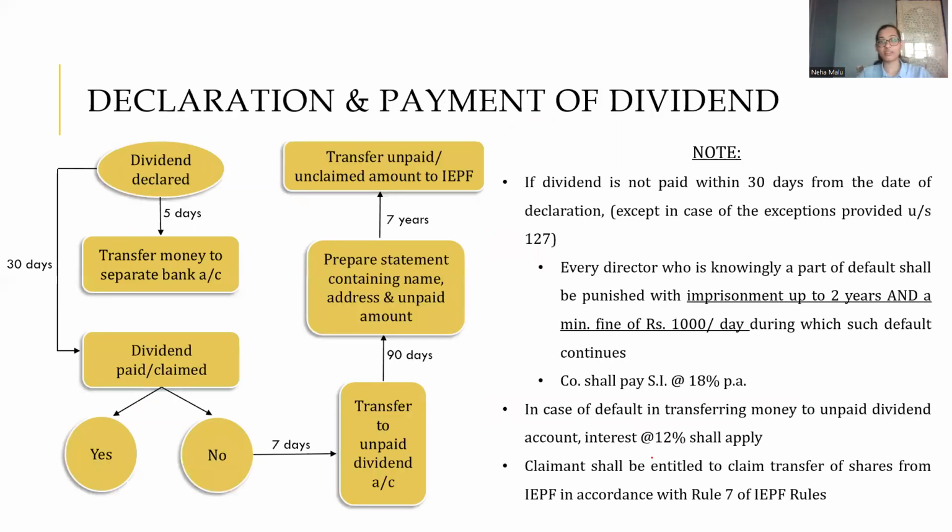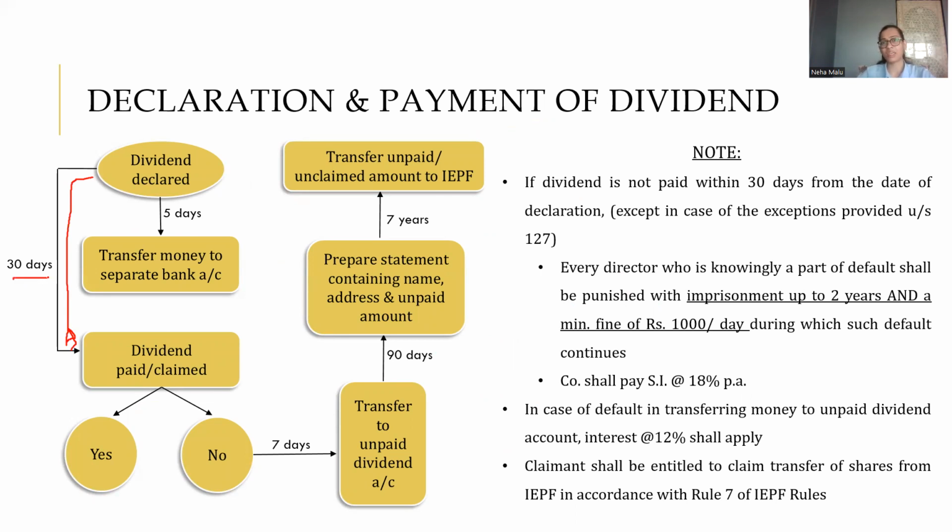Next, moving ahead with dividend declaration and payment. Here I have presented the timeline of dividend payment. One particular point which is very significant to note is that once the dividend has been declared, it is to be paid within 30 days of declaration, except in certain situations.